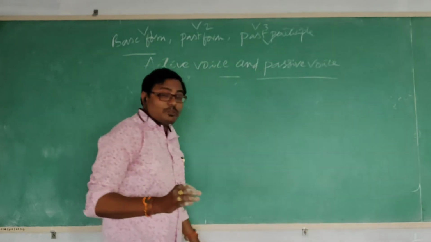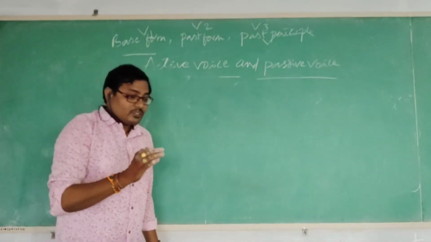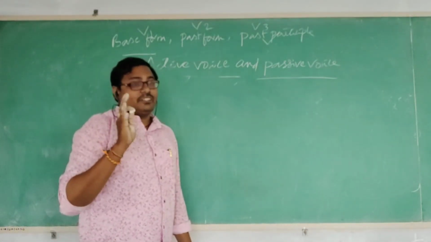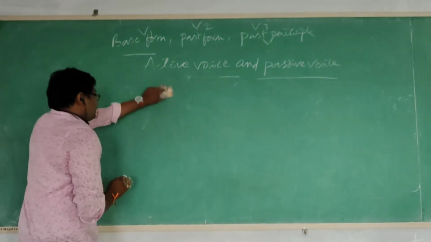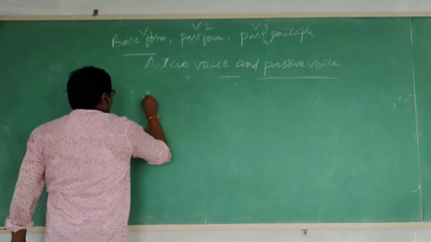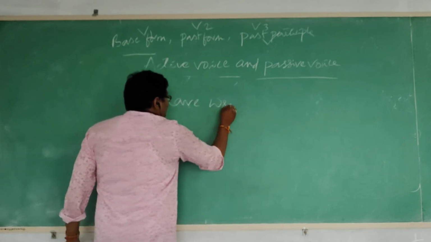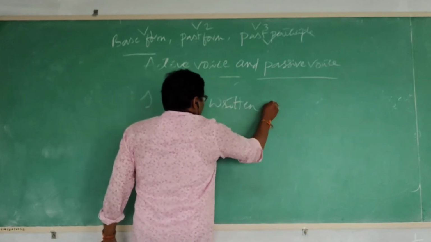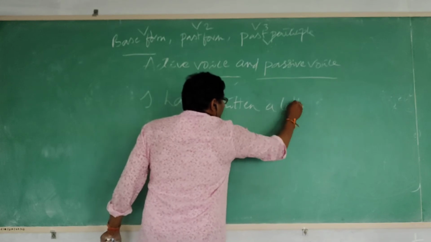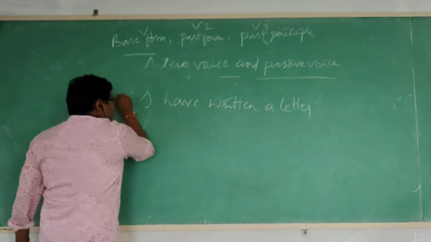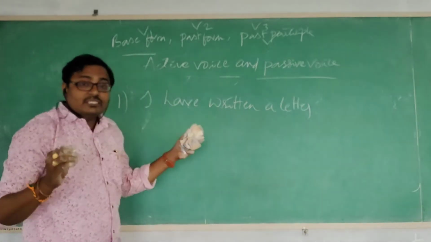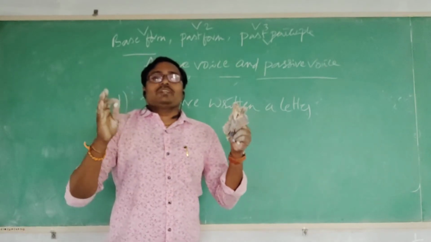Let us see some examples of sentences which are in present perfect tense. See, I have written a letter. I have written a letter. See here, this sentence is in present perfect tense.